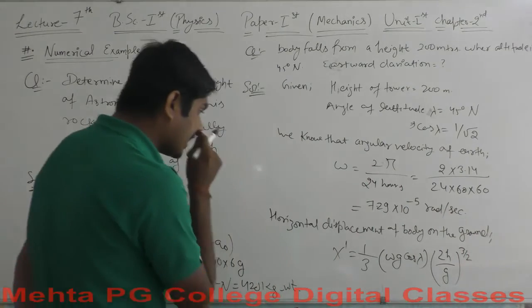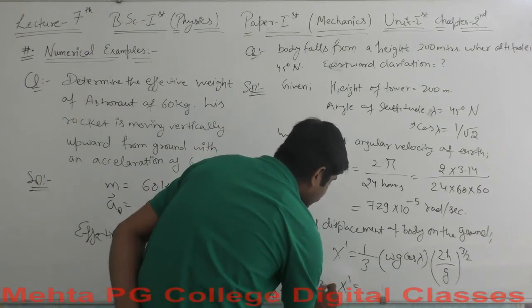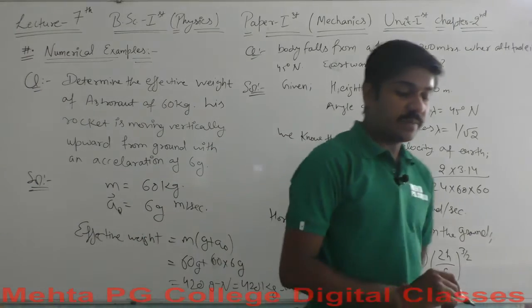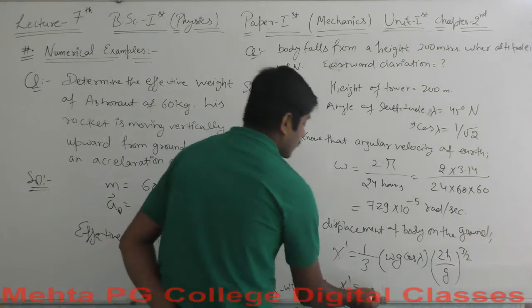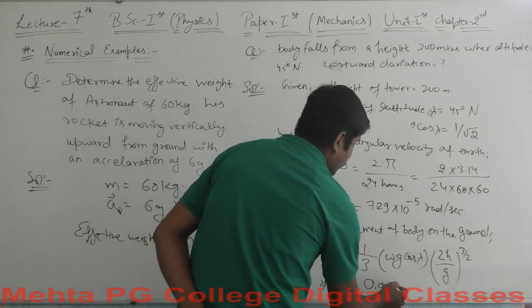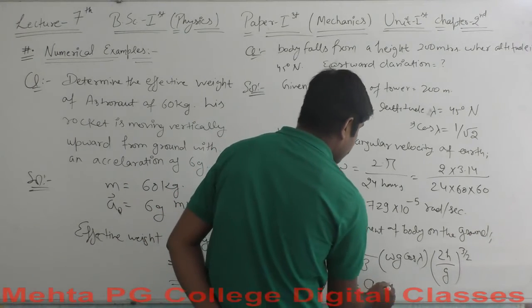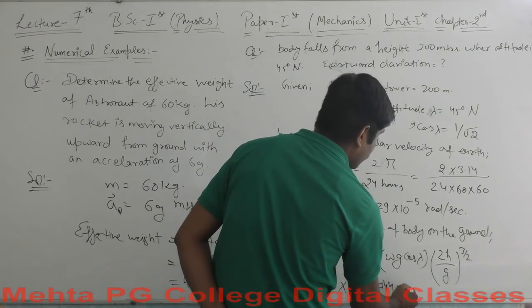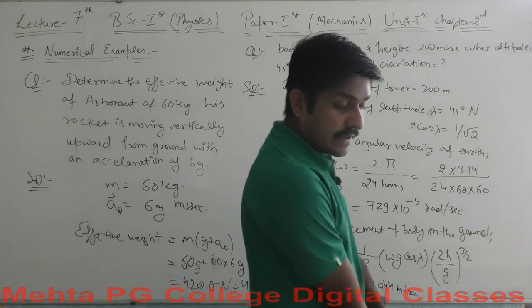So what should be the value of x dash by now? The value of x dash will be 0.044 meters. So that will be the value of deviation.